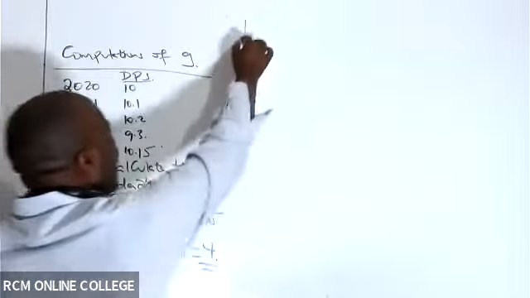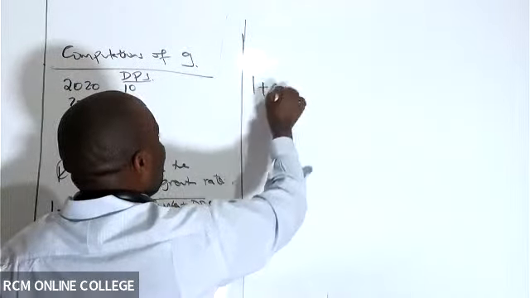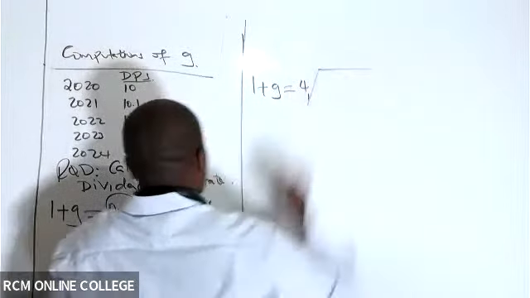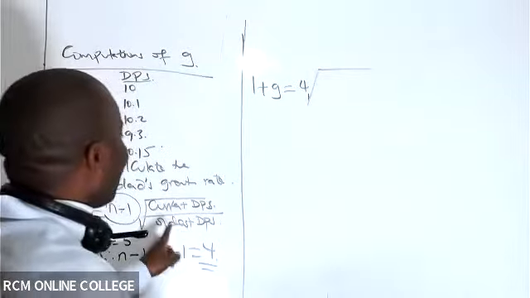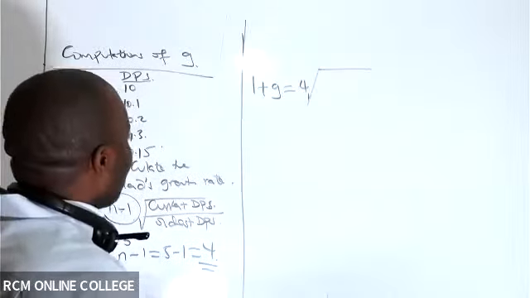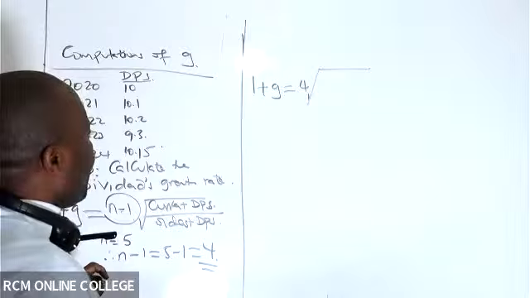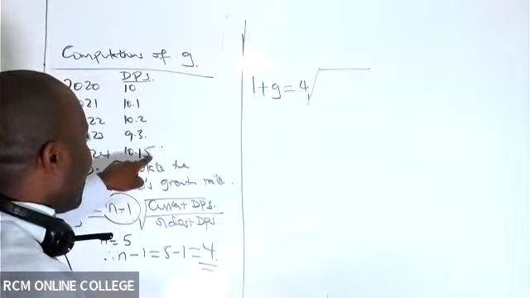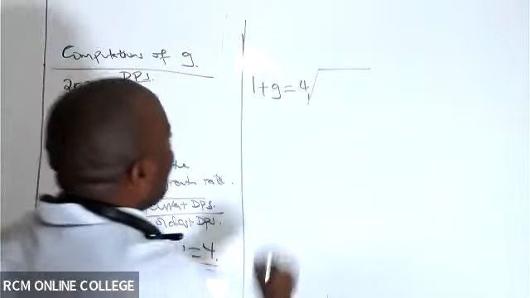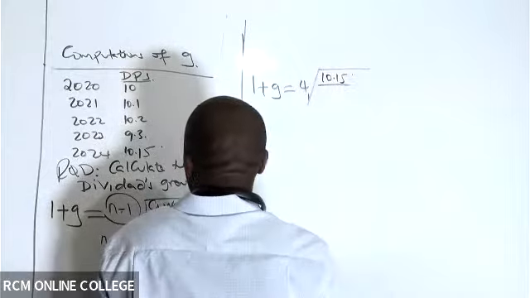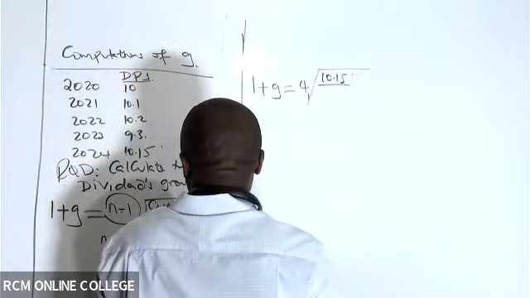So we're saying that our 1 plus G will be equal to the fourth root of the current dividend per share. The most current dividend per share is 10.15, all over the oldest DPS, which is 10.